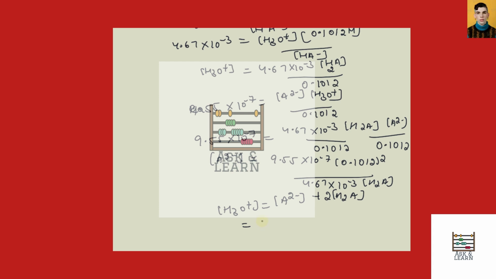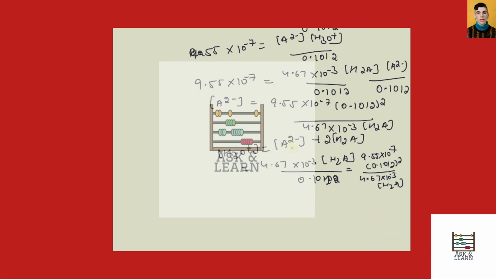Now this equals 4.67 into 10 raised to power minus 3 into H2A upon 0.1012, which equals 9.55 into 10 raised to power minus 7 into 0.1012 square upon 4.67 into 10 raised to power minus 3 into H2A, plus 2 H2A.